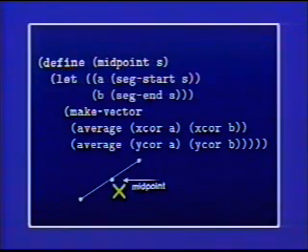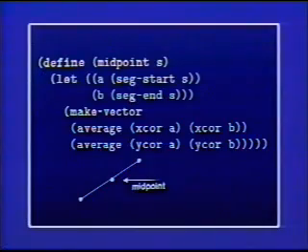So to get the midpoint of a line segment S, we'll grab the starting point of the segment, grab the ending point of the segment, and now make a point whose x-coordinate is the average of the x-coordinate of the first point and the x-coordinate of the second point, and whose y-coordinate is the average of the y-coordinates. So there's an implementation of midpoint.